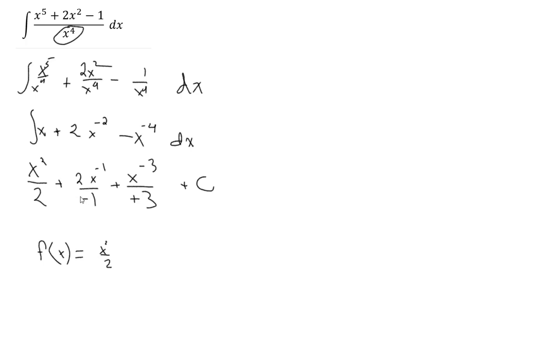This subtract, this minus out here, minus 2 over x. And then over here we can bring this x to the negative 3 to the denominator. And since there's nothing else on top, it's just a 1 over 3x cubed plus c. And that is our final answer.